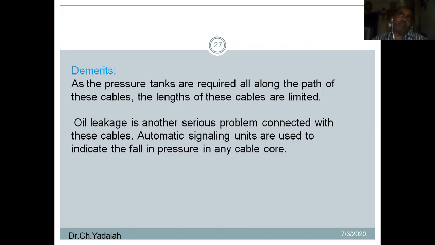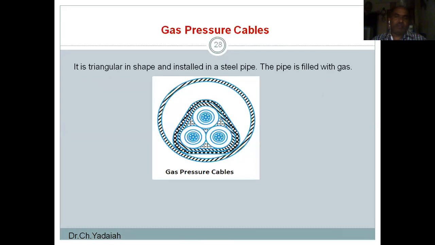For higher voltages, we can use these cables. Now, this is the gas pressure cable. It is triangular in shape and installed in a steel pipe, and the pipe is filled with an inert gas.